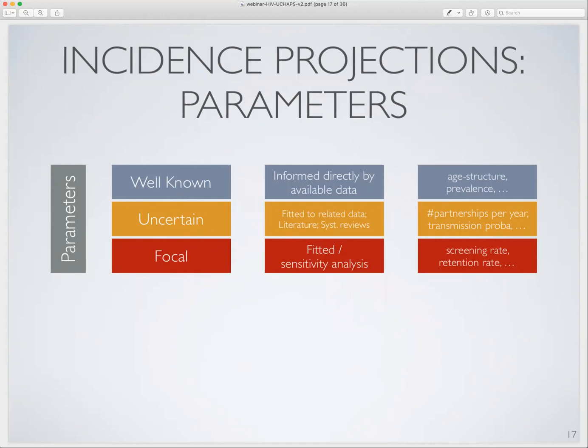And then you have what I call the focal parameters. So these are the parameters that your study focuses on. So in this example of the article, the focal parameters are the screening and retention rates. So these parameters are explored with what we call a sensitivity analysis. And a sensitivity analysis is a fancy way to say that because we don't know the values of these key parameters, we scramble their values within a broad range.